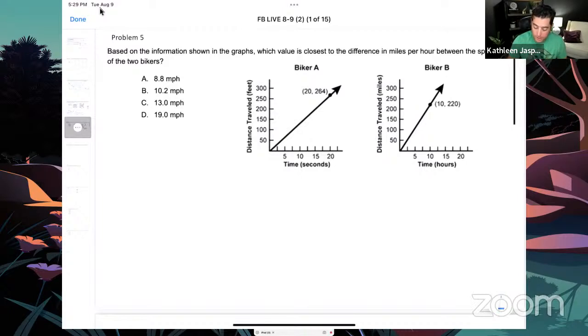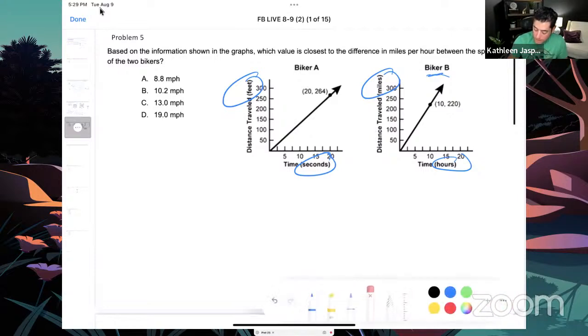So I've got to figure out what my miles per hour are. Seems pretty easy, but you have to understand this is in feet, this is in seconds, this is in miles, this is in hours. So I don't have to convert anything for biker B, but I do need to convert for biker A.